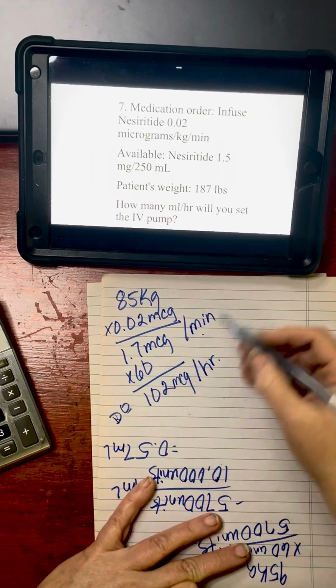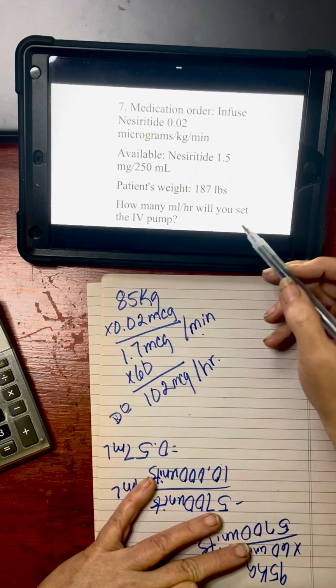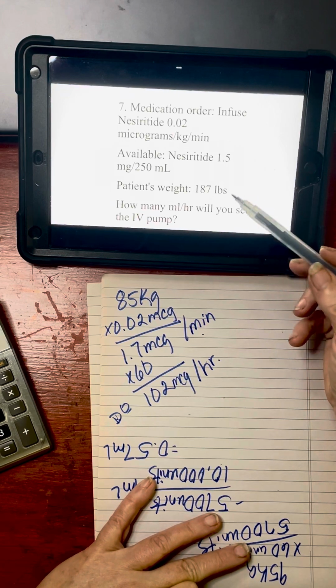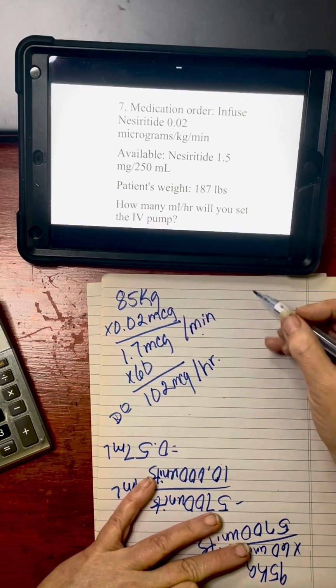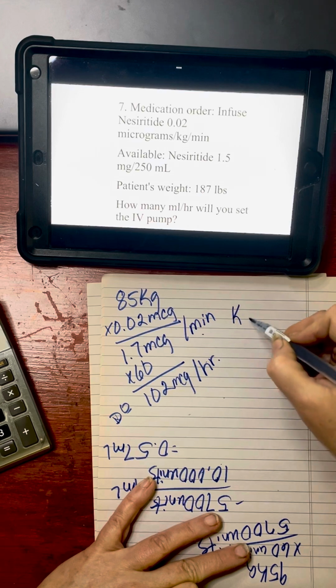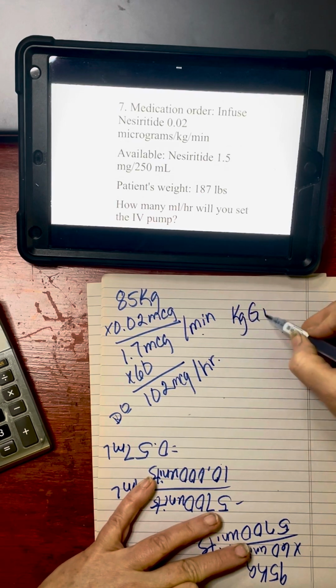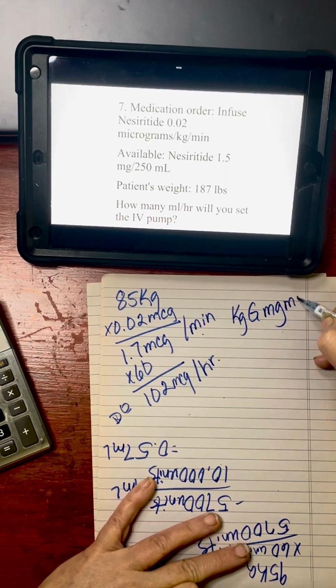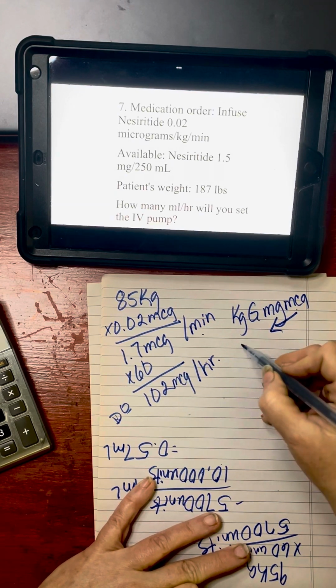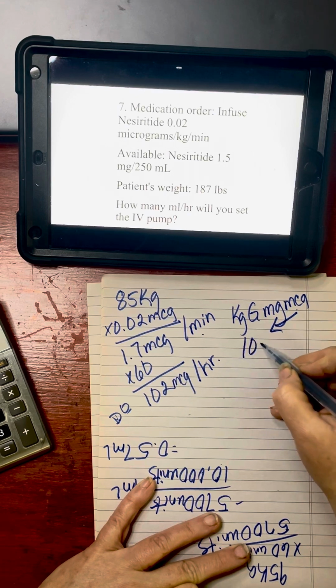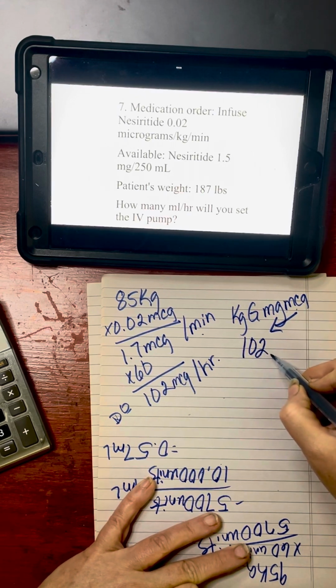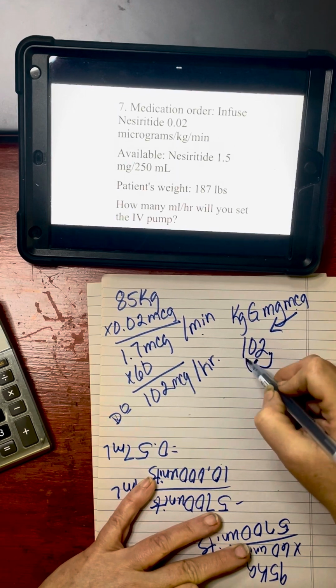I'm going to convert micrograms to milligrams. And you remember you have K, G, G, mg, mcg. If I'm going micrograms to milligrams, I'm going this way. And so 102 micrograms, decimal understood to be at the back. I'm going to go 1, 2, 3.